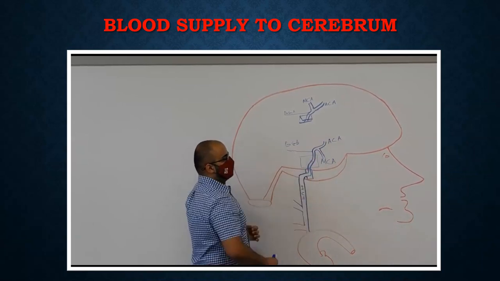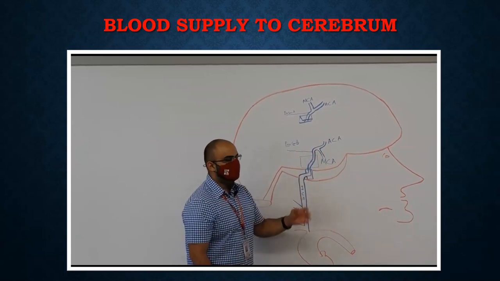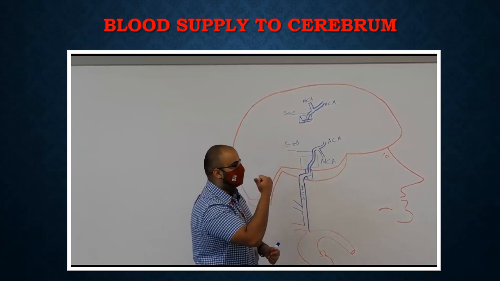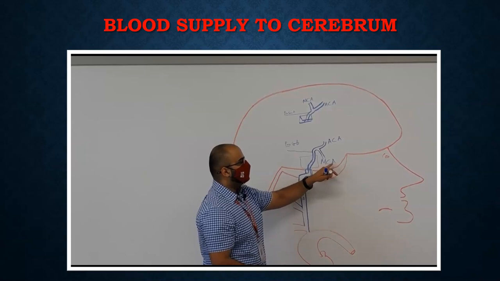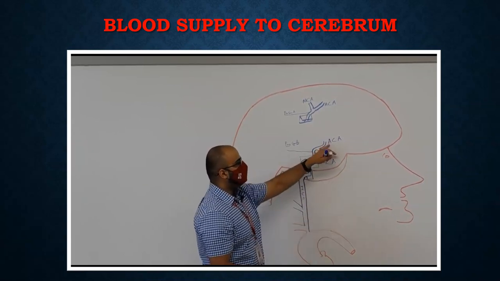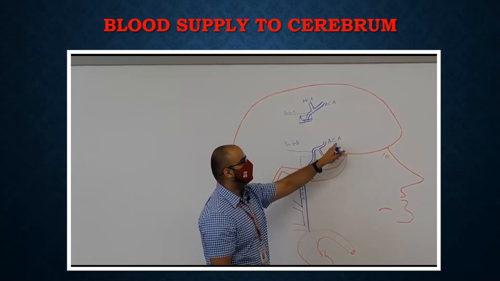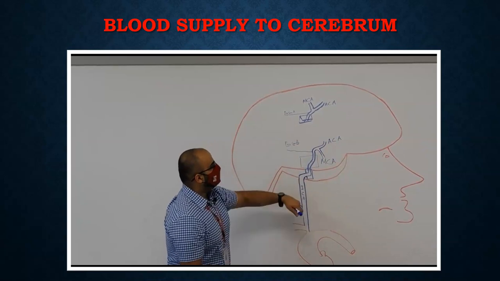Now, the internal carotid artery will divide into two terminal branches. The one that moves laterally will be the middle cerebral artery. The one that travels anteriorly is the ACA, the anterior cerebral artery. On the other side, same way.